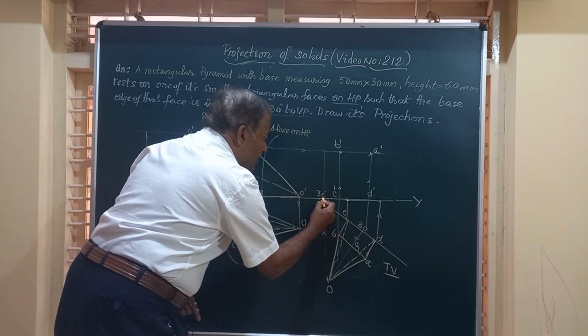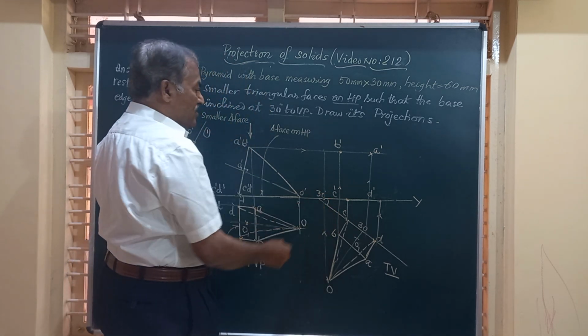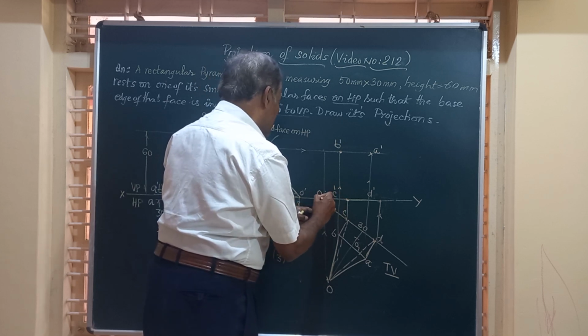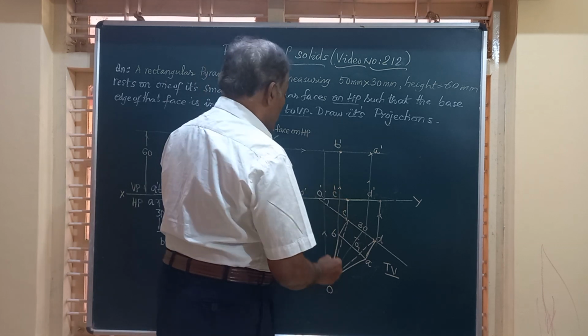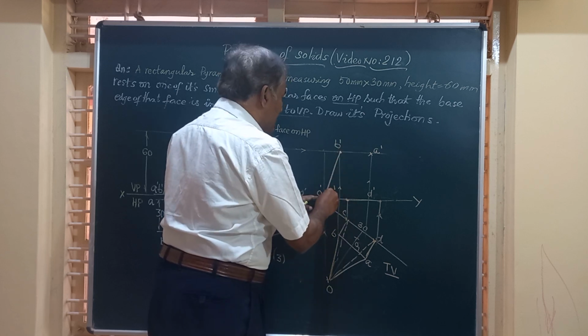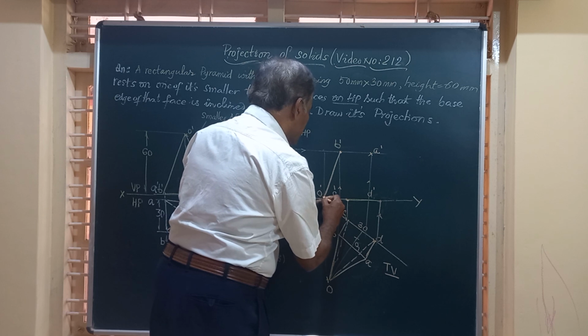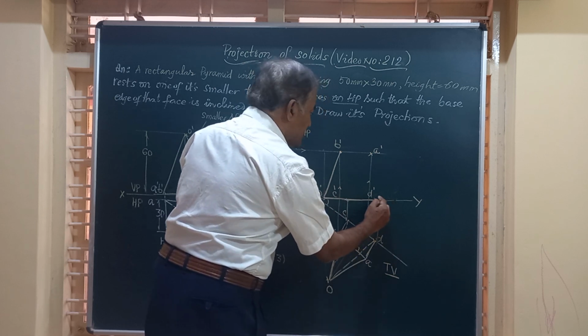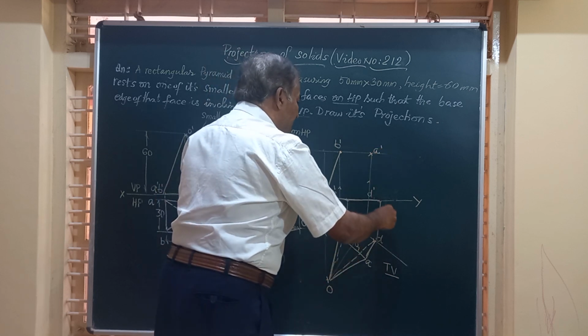They will meet somewhere here. So friends, we have to join this O, the vertex, to all the corners. So I will join O dash to B dash by a full line, O dash to C dash, O dash to D dash, D is here. Then A dash to D dash.